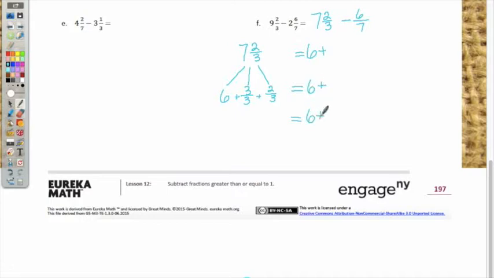So if you forgot to put the 6 all the way down, you're not alone. That happened to a lot of kids today. Okay?